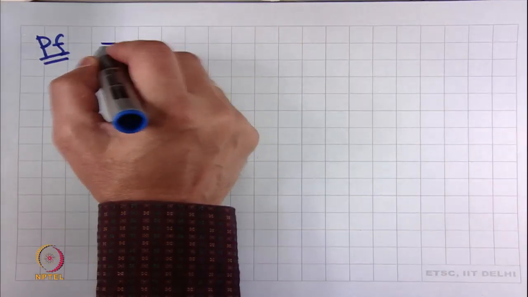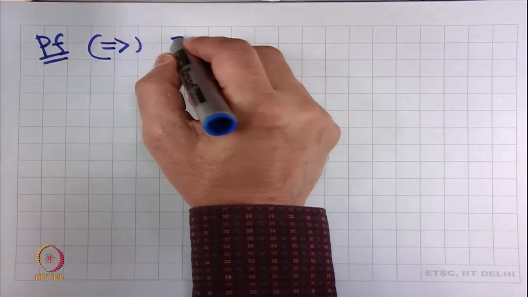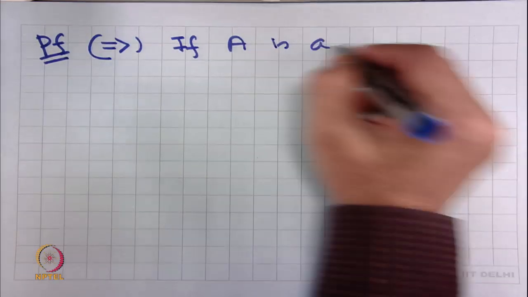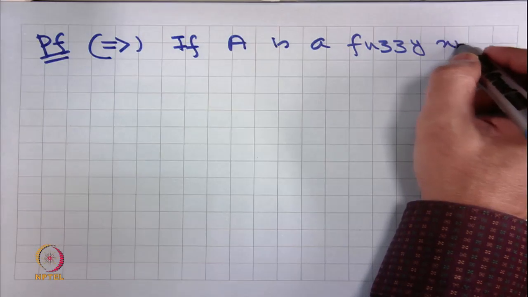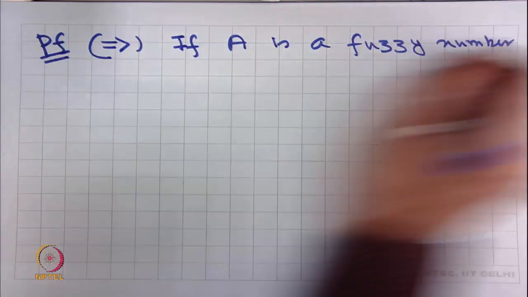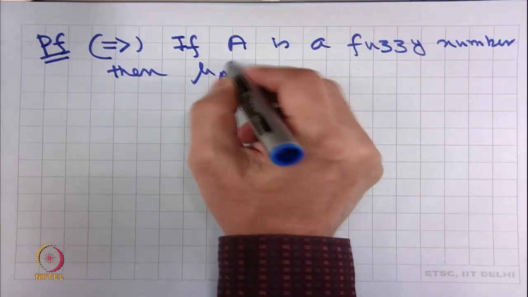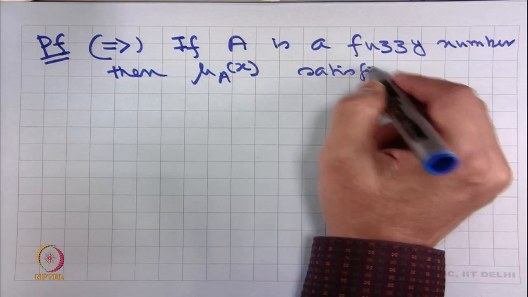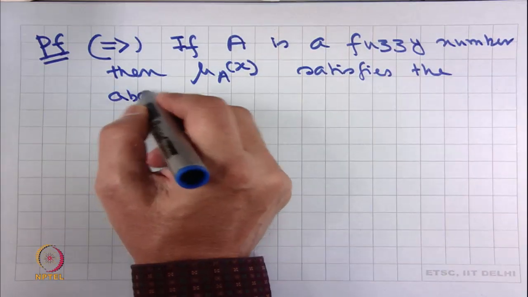So, first we are proving in this direction, that is, if A is a fuzzy number, then mu A x satisfies the above conditions.